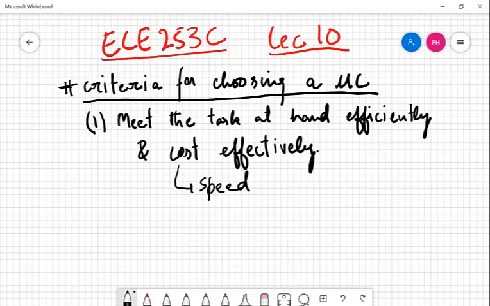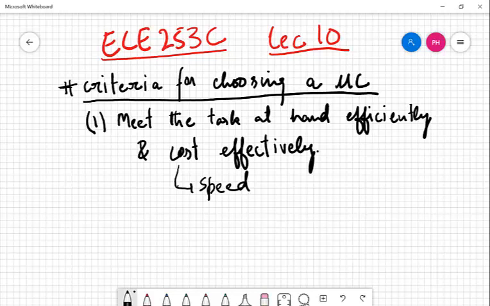This speed and other information about a microcontroller we can always get from the specification sheets issued by the company that manufactured the microcontroller. So the first thing we have to see is whether the microcontroller I have chosen meets the tasks at hand efficiently and cost effectively. And how do we do that? First we check its highest speed.